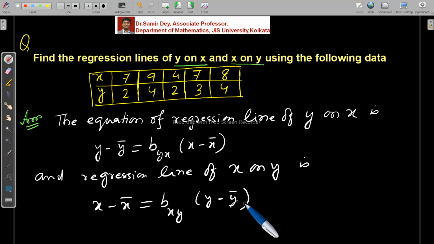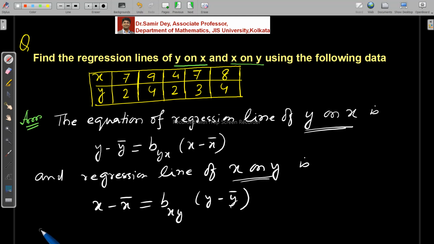There are two regression lines you have. One is y on x, another one is x on y. Here you have some unknowns, that is x bar, y bar, b_yx and b_xy. Clear?